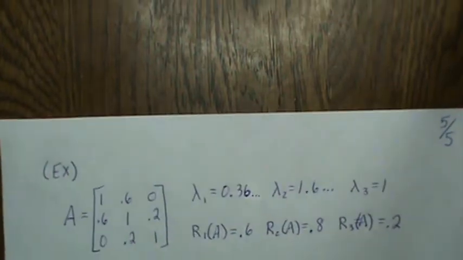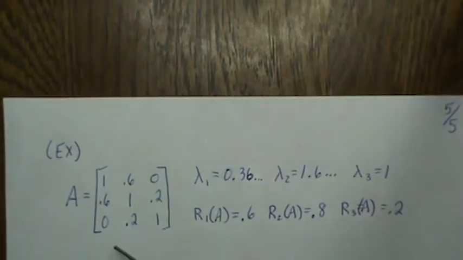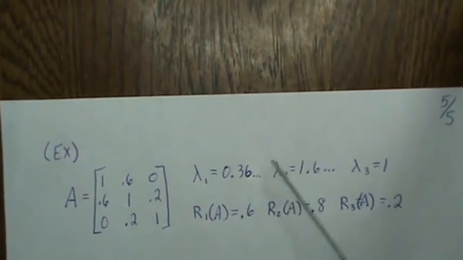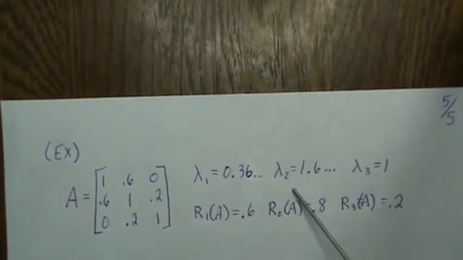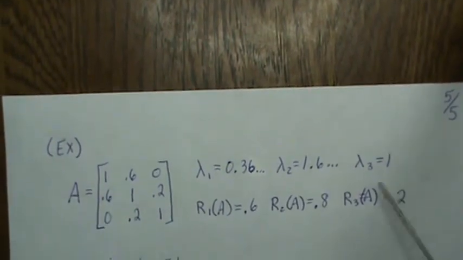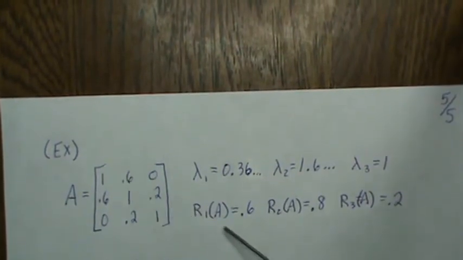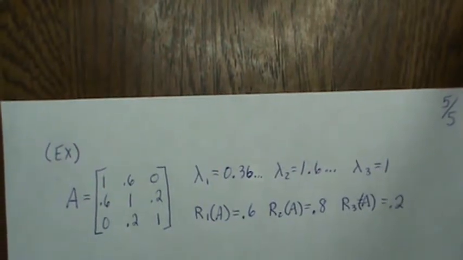And here's an example. This is an example that we used in part 4. This is a correlation matrix, and we showed or noted that the eigenvalues are these: 0.36, 1.6, 1. The Gershgorin sums are 0.6, 0.8, and 0.2.